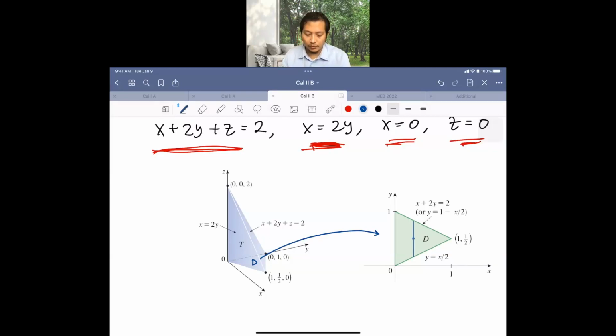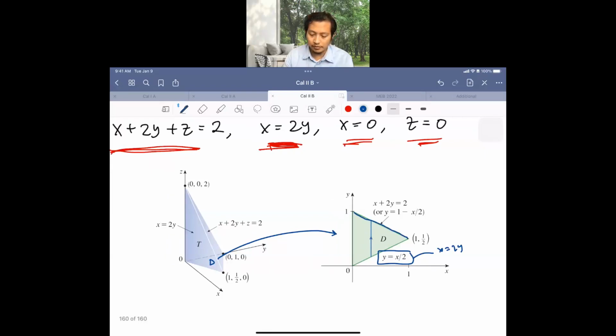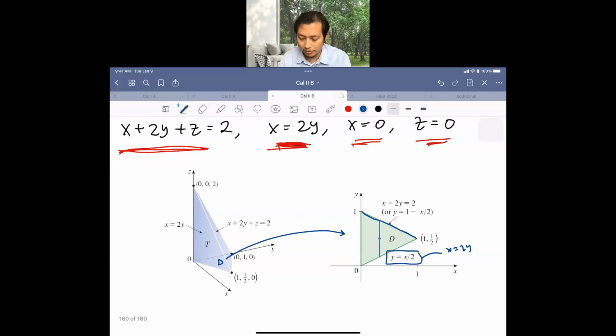Now we have the line x equals 2y, which we could write in terms of y, and we could also write the other line, which is practically when z equals 0. So x plus 2y equals 2, and we could take it into y, so it will be y equals 1 minus half x.